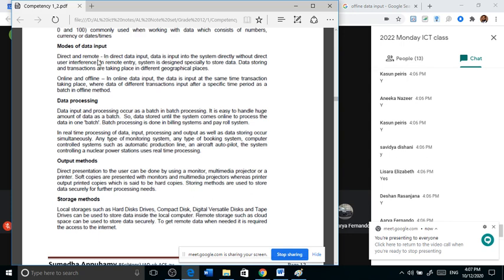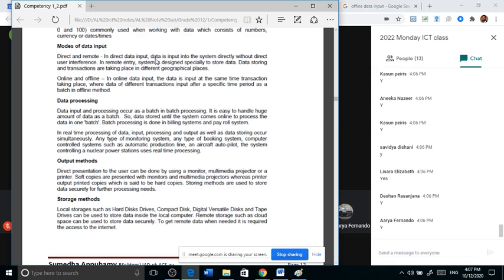That means data is input directly without any user involvement. Then remote. The modes of data input are directly or remote, that is mainly what they have given.